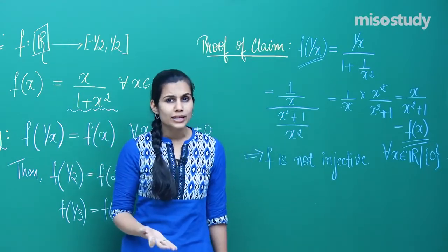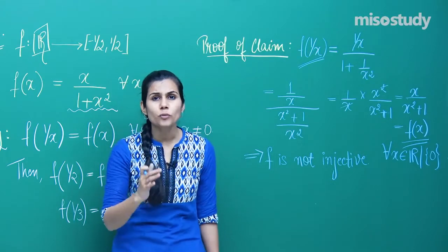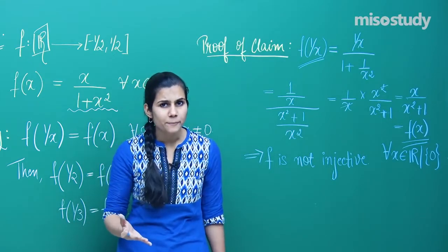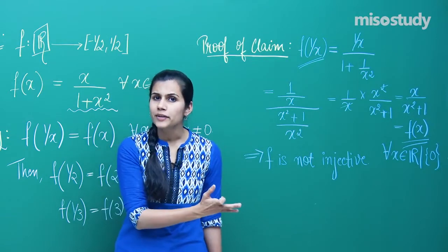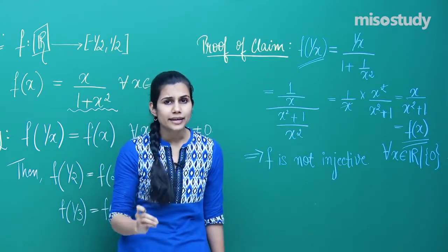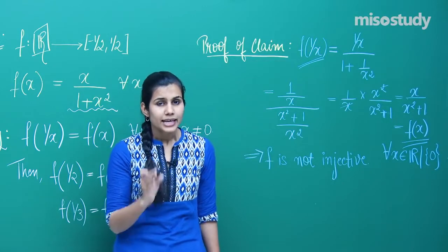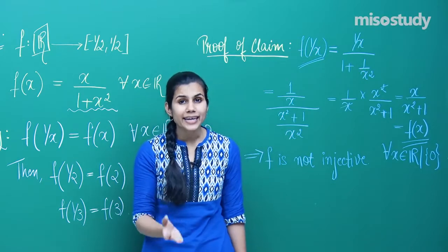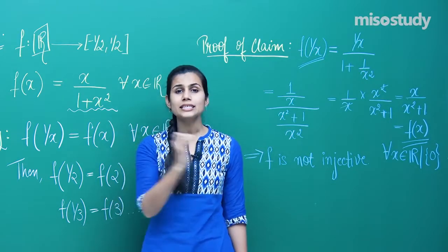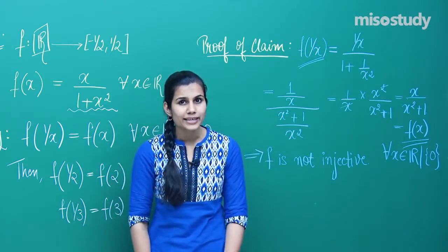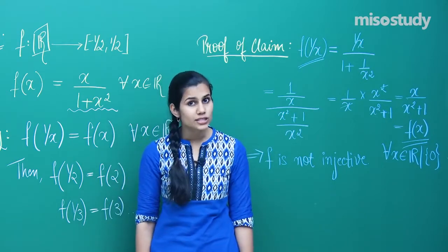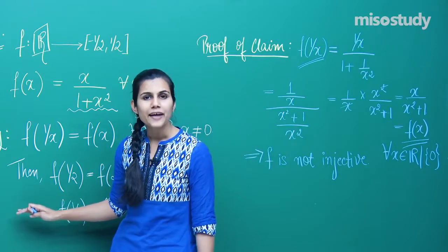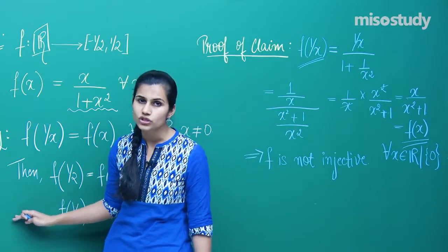You could have just done that, because if from the domain you are able to find 2 or 3 or more members getting mapped to the same member in the codomain, that is enough to declare that the function is not 1-1. If you had the graph of the function f and obtained a horizontal line intersecting the graph at more than one point, even that would have declared the function is not 1-1. Here I have just used one of the methods and that has led me to the conclusion that f is not injective.